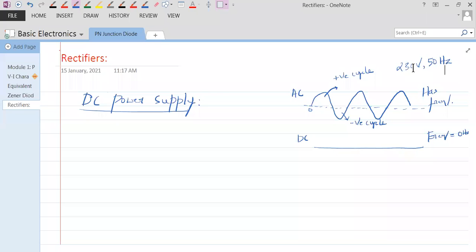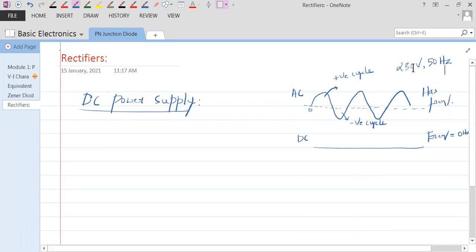It is called as adapter. What is adapter doing? It is converting this 230 volt supply to a smaller voltage. And if it needs DC voltage, this 50 hertz needs to be made 0. Okay, so that is what is called as DC power supply.